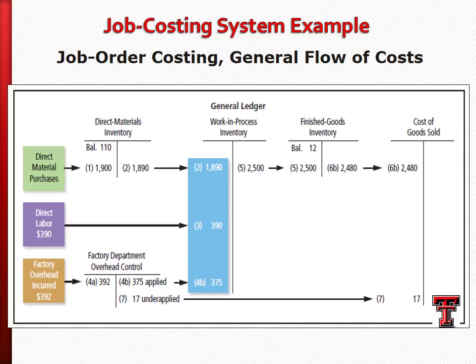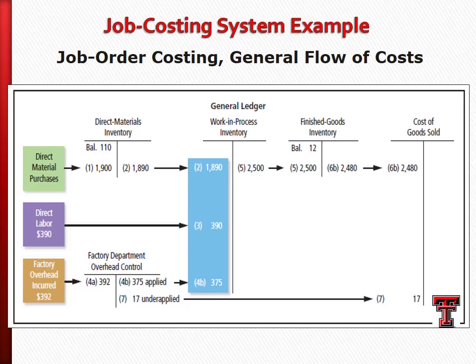And then finally, factory department overhead. We apply overhead to individual jobs. We discussed this in a prior session. There's different methods of applying these indirect costs. The preferred method is activity-based costing.